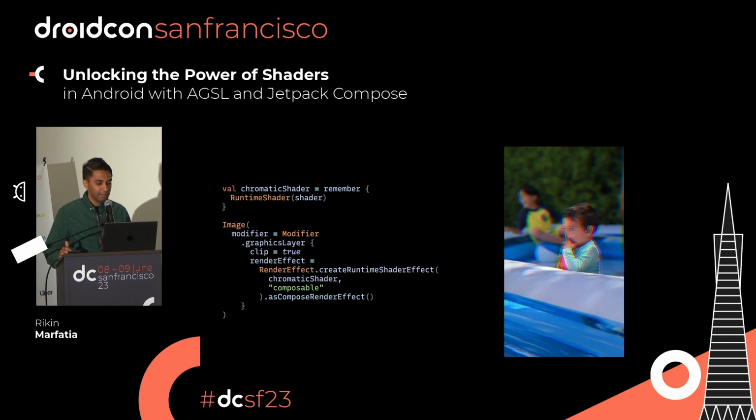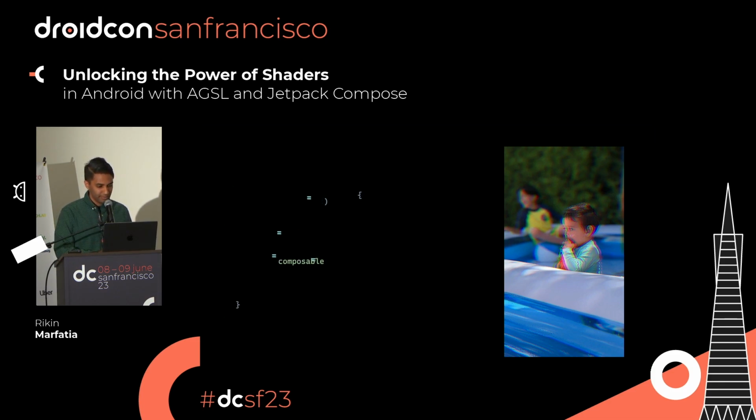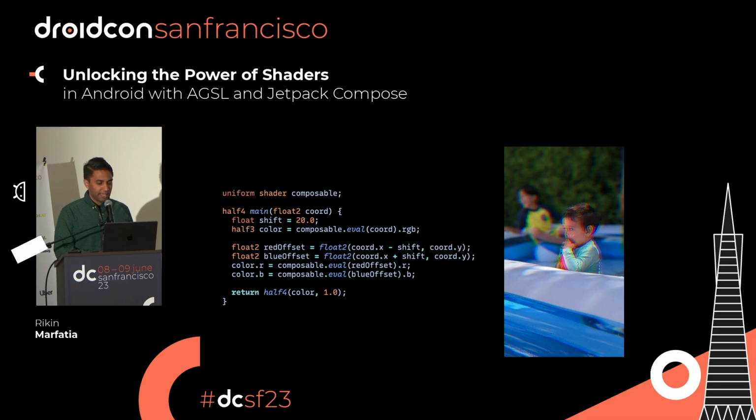So here I'm creating an image, opening up the graphics layer modifier, and creating a new render effect using RenderEffect.createRuntimeShaderEffect. I am passing in that shader, and the name that I'm passing in will be the name of the input for our custom shader. So going back, we've set it up and it works.